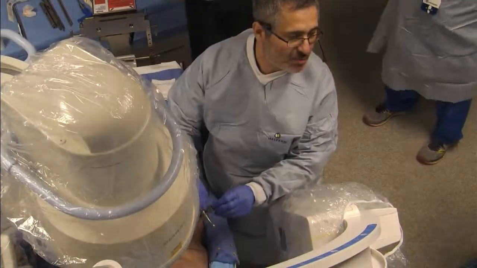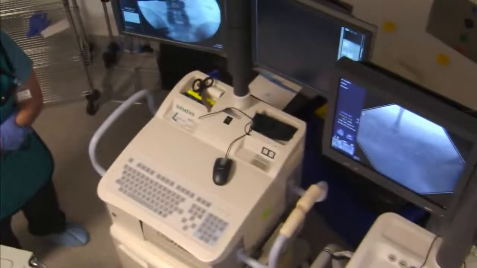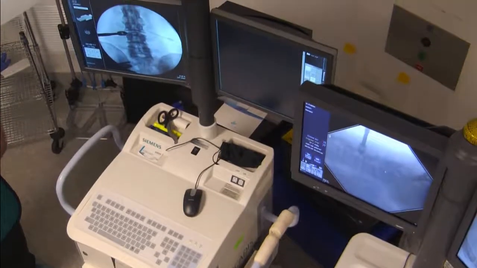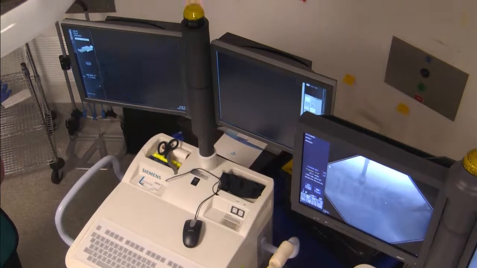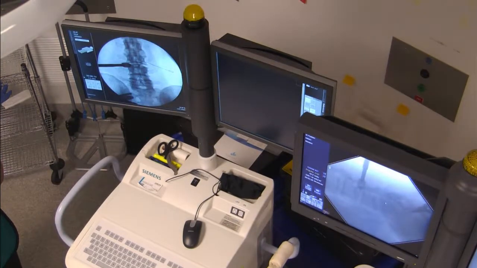X-ray, neuromonitoring, anesthesia, cage is going in, small mallet. X-ray. X-ray, mallet, small first, notch it in, and big mallet. Here we go. Hold.